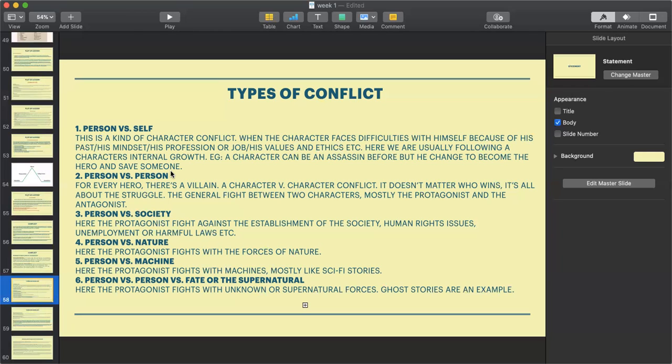Okay. Fourth option is a person versus nature. So all these tornado movies, right? All these kinds of films like Jaws, where there is Godzilla. You have seen, I think all of you have seen Godzilla or Pacific Rim, right?